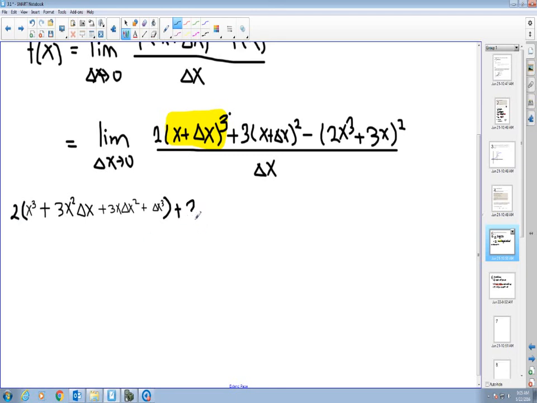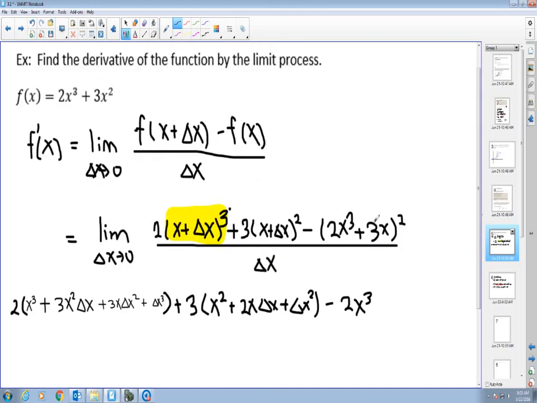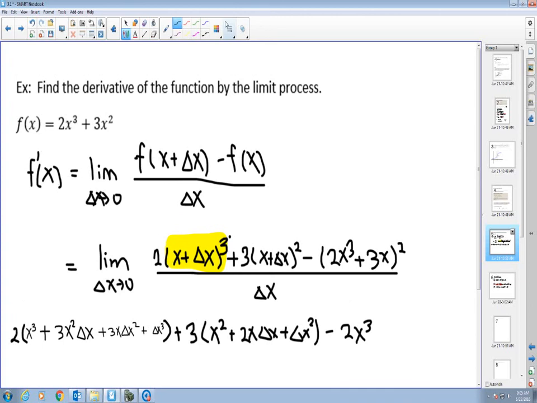plus 3 times x plus delta x squared, that will be x squared plus 2x delta of x plus delta of x squared, minus 2x to the third. So I apologize here. That's 3x squared and then the parenthesis.